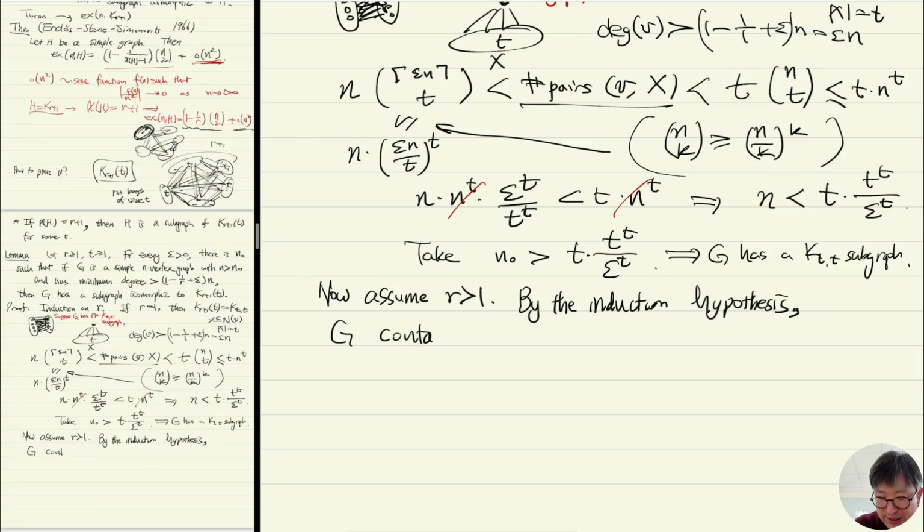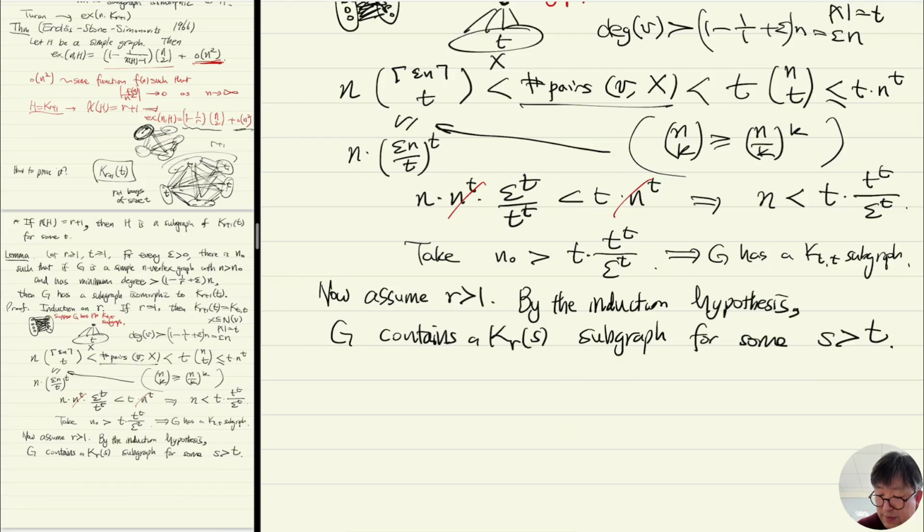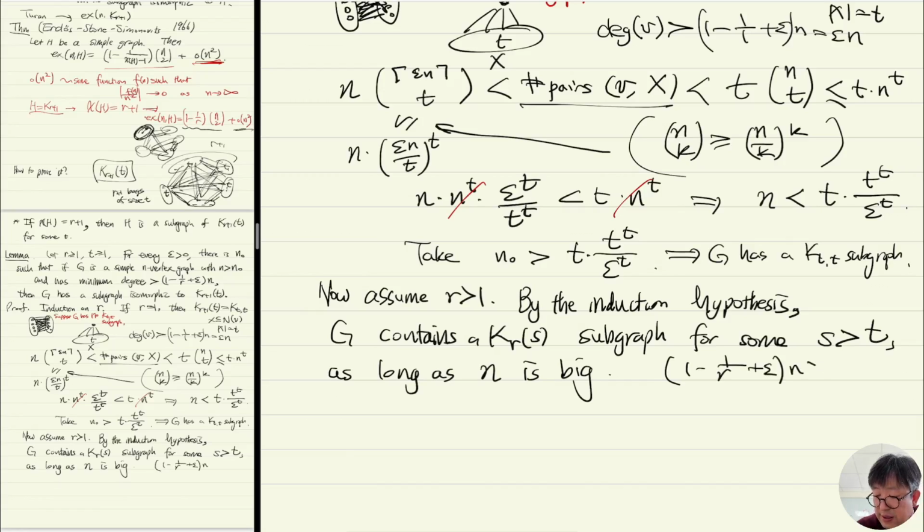G contains a K_{R,S} subgraph for some S bigger than T, as long as n is big, right? Because this is 1 over (1 minus 1/r plus epsilon), and it's bigger than (1 minus 1/(r-1) plus epsilon) n, right?